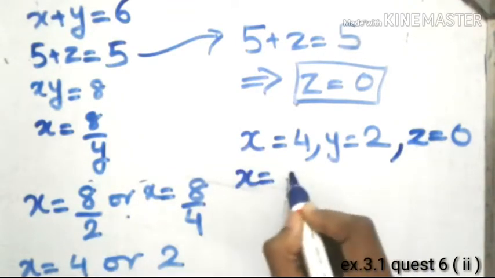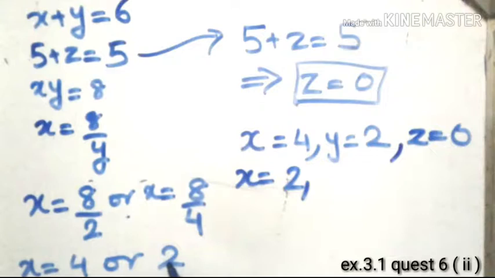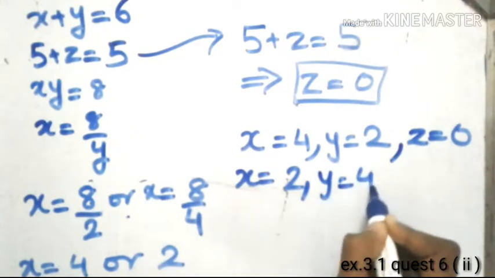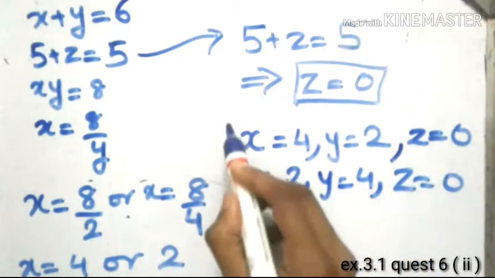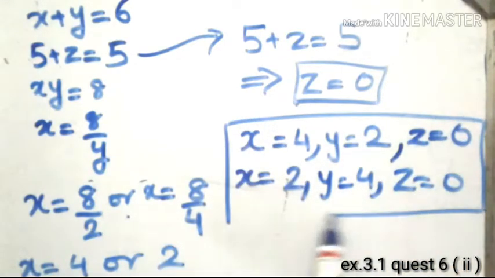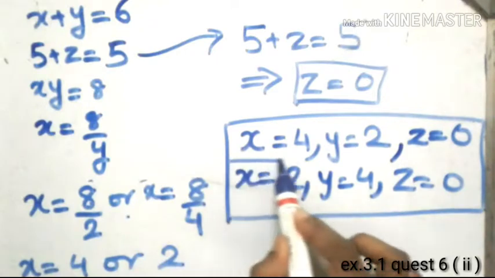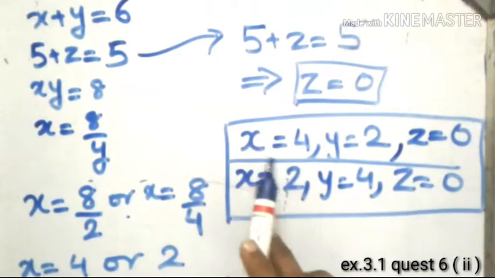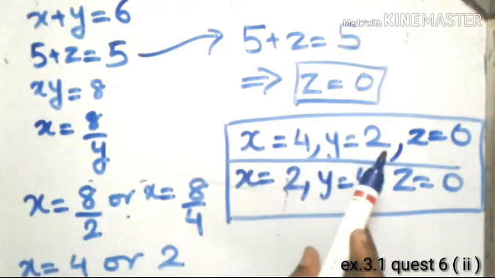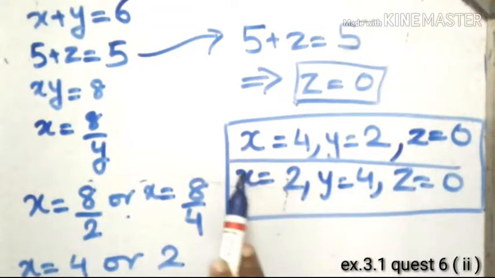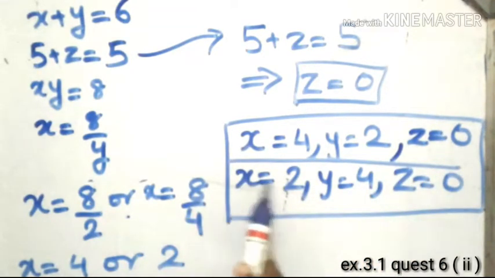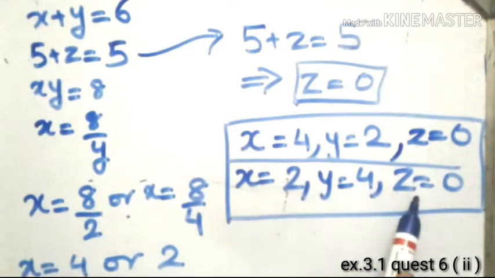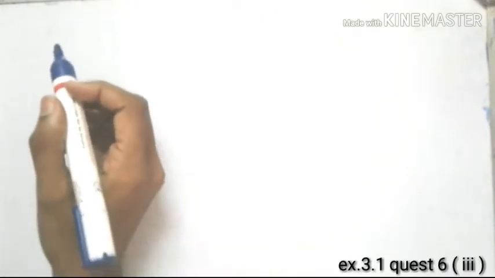And when x value is 2, that time we had put 4 as y. So y will be 4 and again z will be 0. So this is the solution for this problem. There are going to be 2 sets of answers: x equal to 4, y equal to 2, z equal to 0. And the second set is x equal to 2, y equal to 4 and z equal to 0.